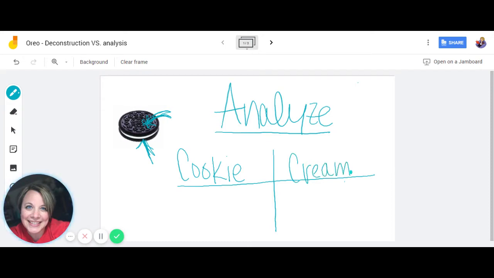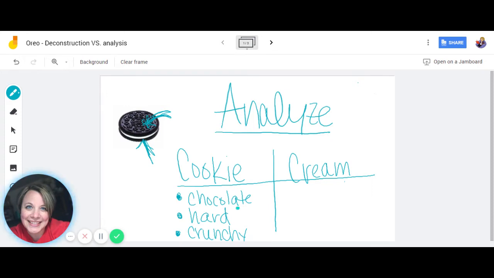I have cookies and I have cream. So let's talk about some properties, some descriptors of the cookie. Well, the cookie is chocolate. Okay, when I touch the cookie, it's hard. Okay, if I tried to bite the cookie, it would break. It's very crunchy. Okay, so these are all descriptors, and you notice they're all adjectives too.